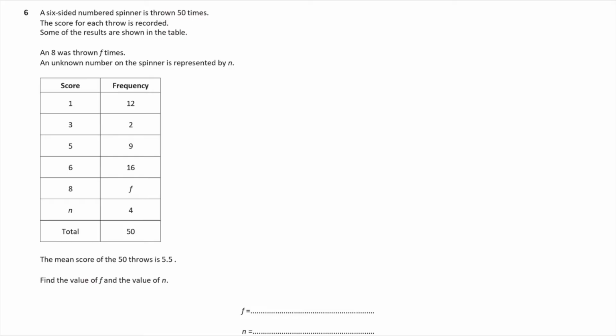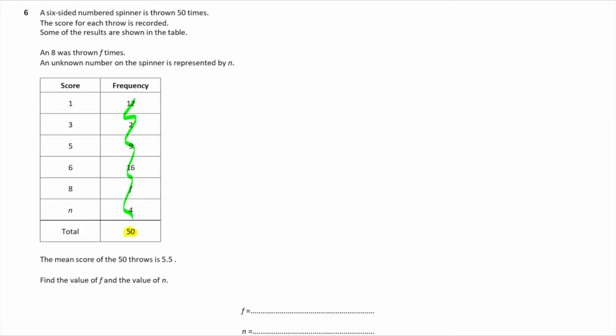Okay. Well, the value of f is fairly straightforward because we've got a total at the bottom there, haven't we? We've got a total of 50. So presumably all of these numbers down here are going to have to add up to 50. So if I take what they do add up to away from 50, I'll be left with f.